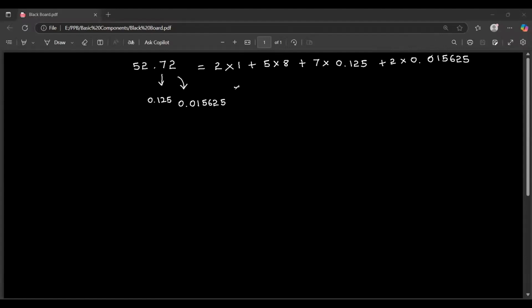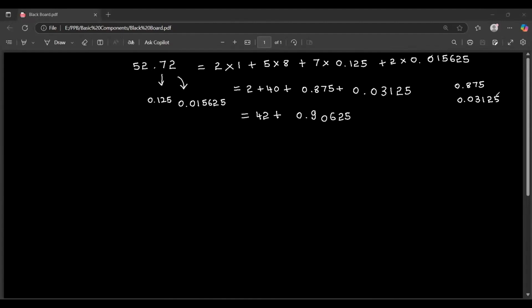So this will be equal to 2 plus 40 plus, 7 into 125 will be 875, so 0.875, plus 2 into 0.015625 will be 0.03125. So this will be equal to 42 plus, let's recheck it, 0.875 plus 0.03125 will be equal to 0.90625.